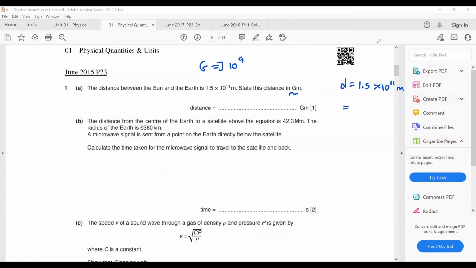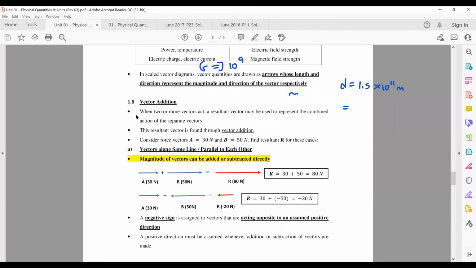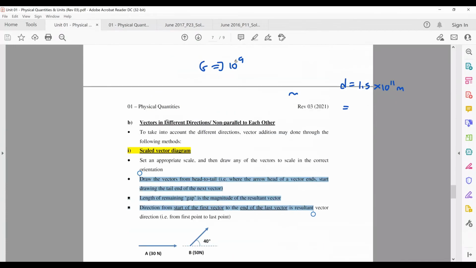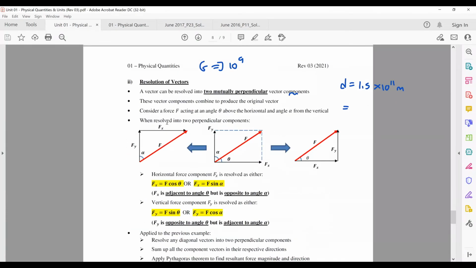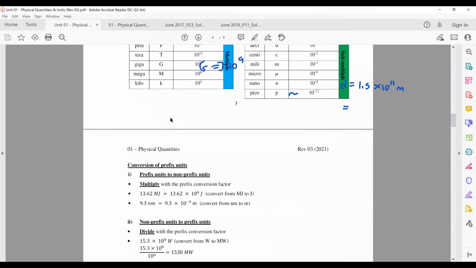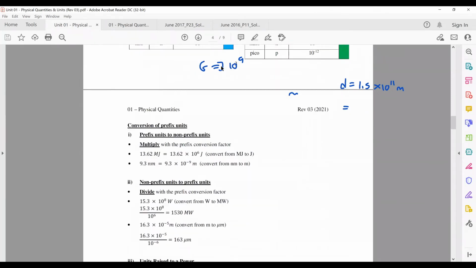So I mentioned to you before in the notes, if you're converting from non-prefix to having a prefix, you normally just divide. But let me see where it is. It's under page 4. From non-prefix to prefix, you normally divide.